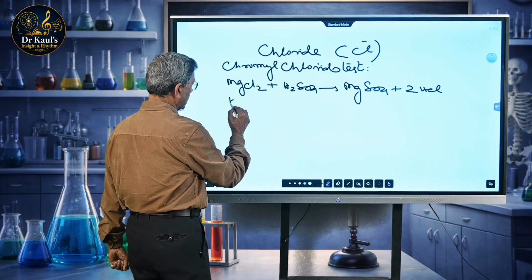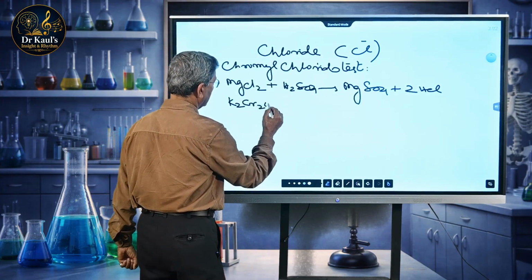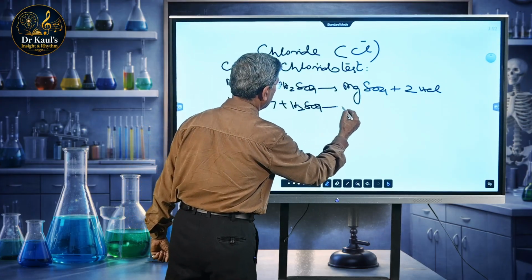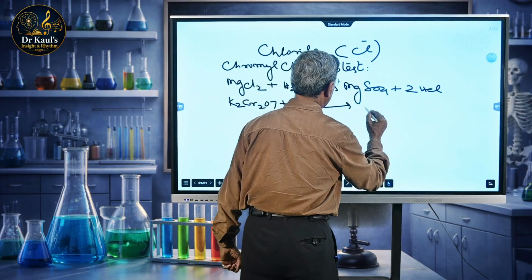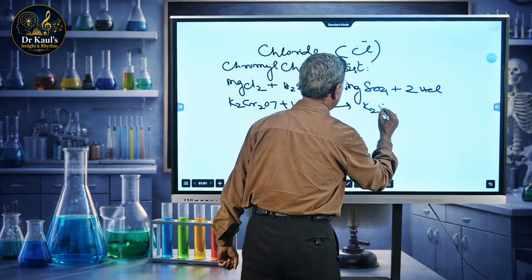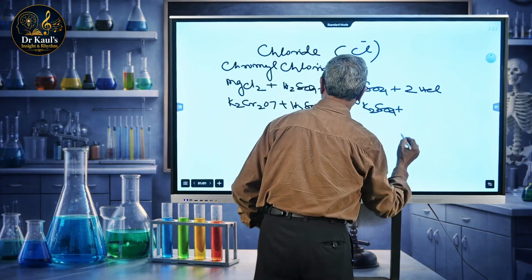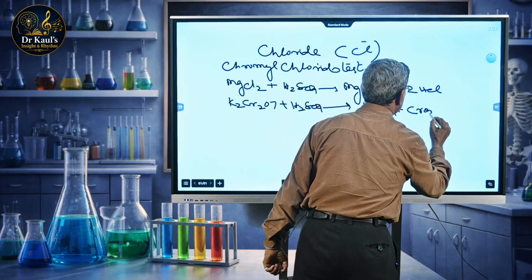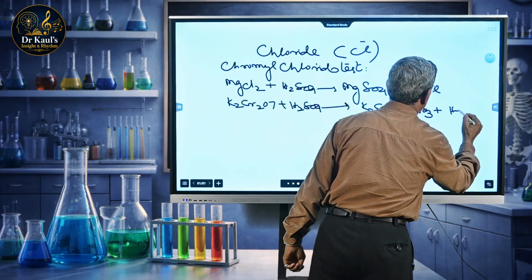Now potassium dichromate is heated with H₂SO₄, which will give us K₂SO₄ plus CrO₃ plus water.